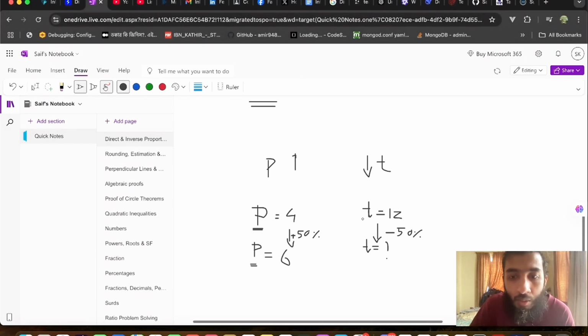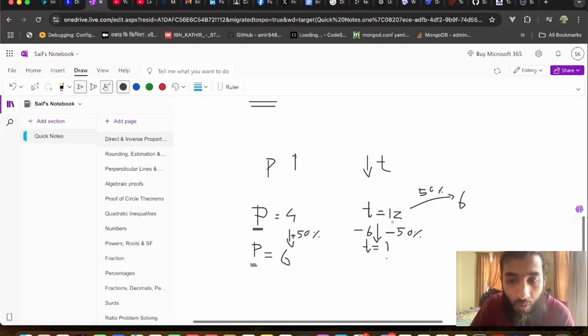So what would T become if it decreases 50%? First figure out what is 50% of 12. 50% of 12 is 6. So T should decrease by 6.